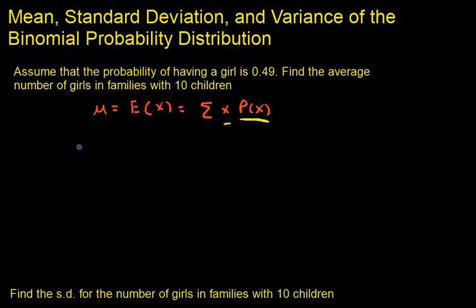Well, x takes specific values. In our situation, we're talking about the number of girls out of 10 children.